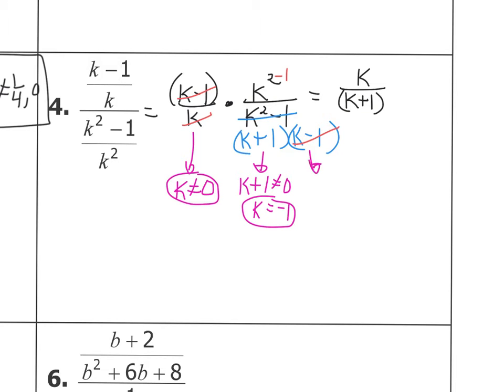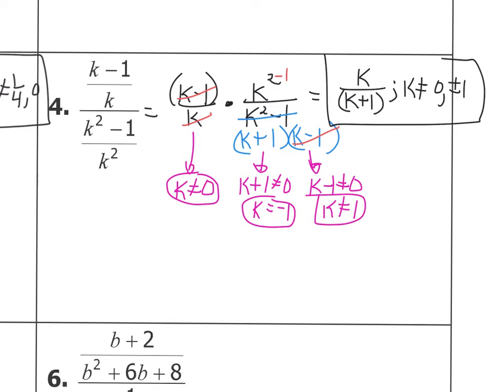And this is another factor. Even though we canceled it out, it still is considered a restriction. So add 1, k cannot equal 1 is a third restriction. So we have 3 different restrictions. So k cannot equal 0, and then you can write this as plus or minus 1. So there's your whole answer.